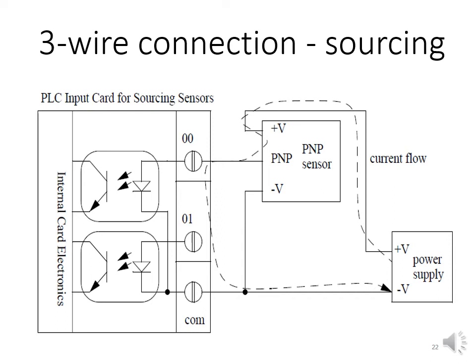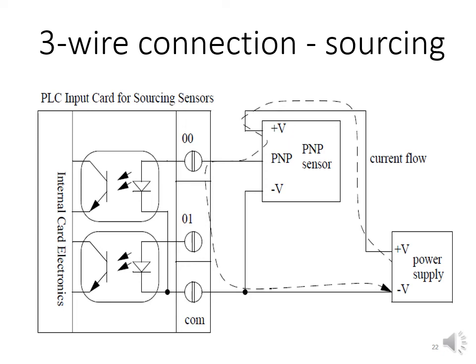The loop of current, that is the loop of the current that is used to detect the presence or absence of the phenomena being measured, runs from the positive terminal of the power supply, goes into the sensor through the positive terminal, and leaves the sensor through the collector terminal of the PNP output stage transistor. In other words, the sensor sources current.